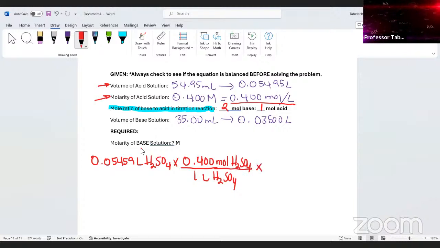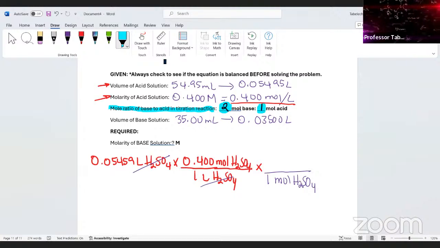Now, in this next step, and I'm going to put that in purple now. Let's cross out those units we don't need anymore too, by the way. Remember, I'm trying to get rid of my moles of H2SO4. So what am I going to do? I'm going to put 1 mole of H2SO4 on the bottom. And again, that's from this step right here that I'm highlighting in blue.